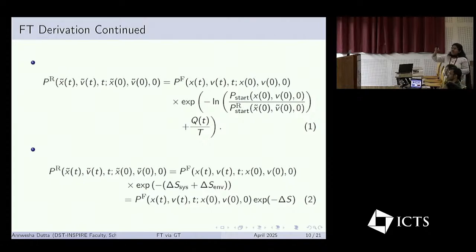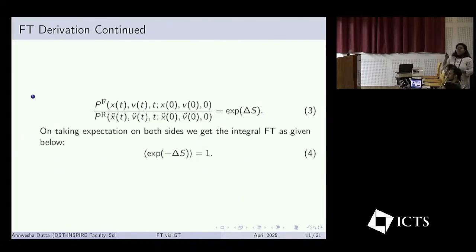We multiply by P star and P_R star, the initial densities on both sides, and we get to this expression in equation number 2, where another term comes into the picture, which is minus delta S system. From there we can recover our fluctuation theorem. On taking the expectation on both sides, we get back the integral fluctuation theorem.